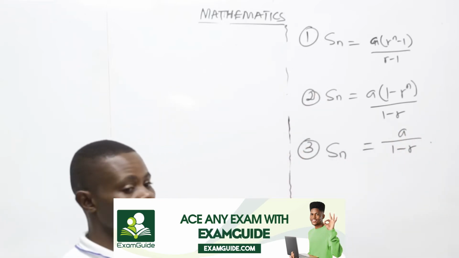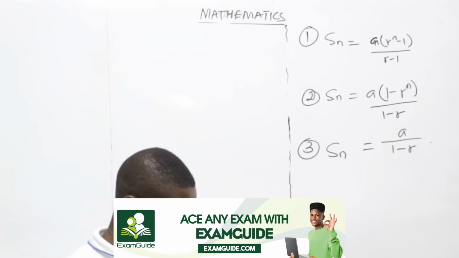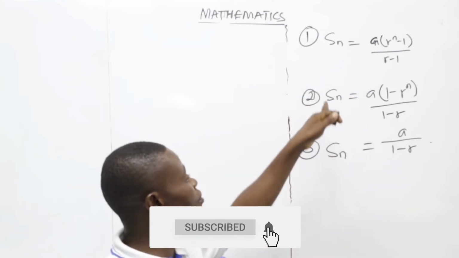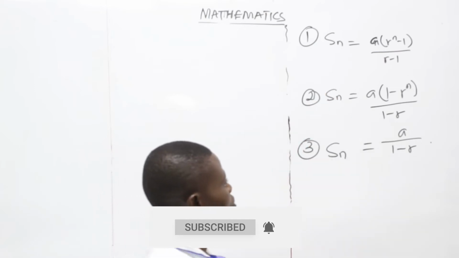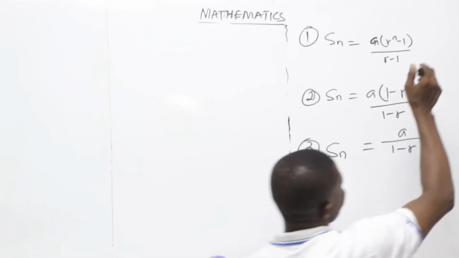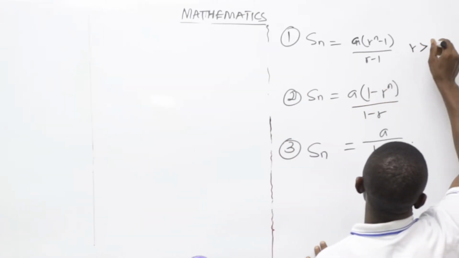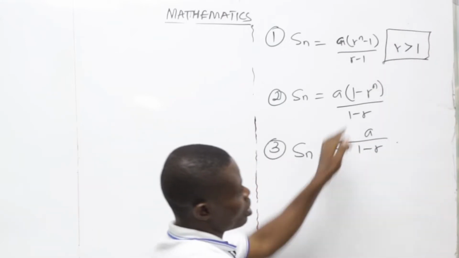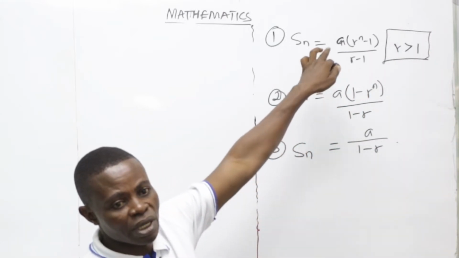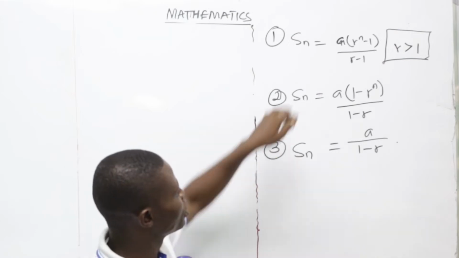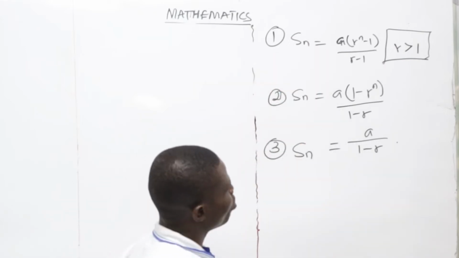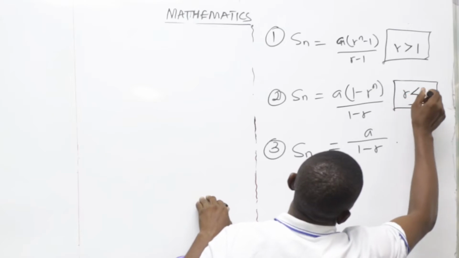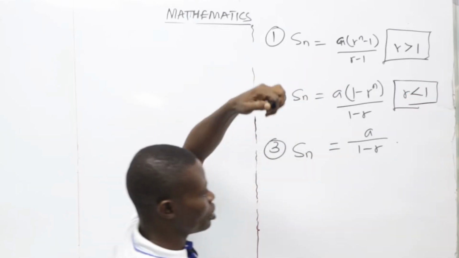Writing down formulas is not just enough. It's knowing when to apply these formulas. For this, when R is greater than 1, take note. If common ratio is greater than 1, then use the first formula. But when common ratio R is less than 1, you use this.